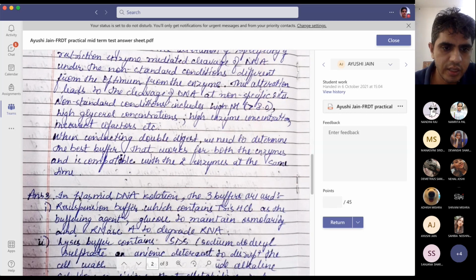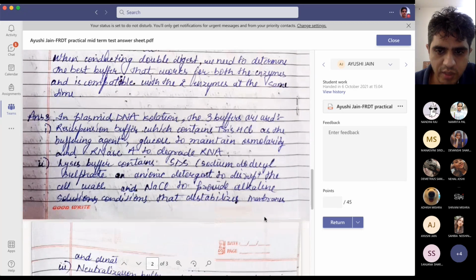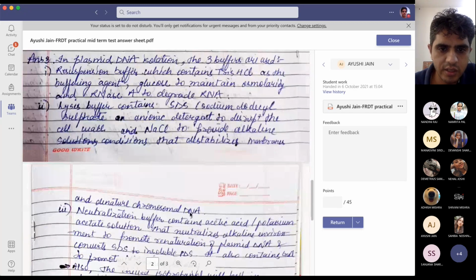Then number 3, plasmid DNA isolation, three buffers are used. The suspension buffer contains Tris-HCl, glucose to maintain the osmolarity, and RNase for degradation. Yes, right. Lysis buffer contains SDS, sodium hydroxide. This is wrong in one point: it is not NaCl, it is NaOH, to provide the alkaline solution to destabilize the membrane and denature the chromosome.